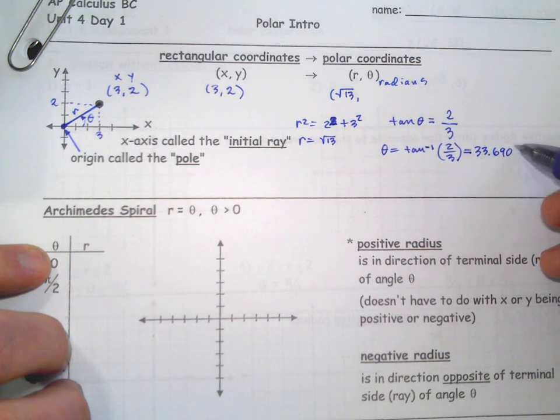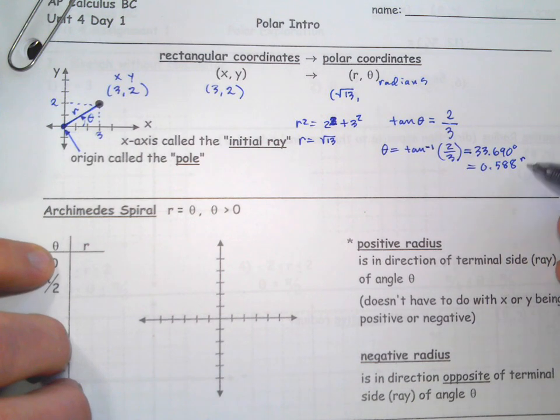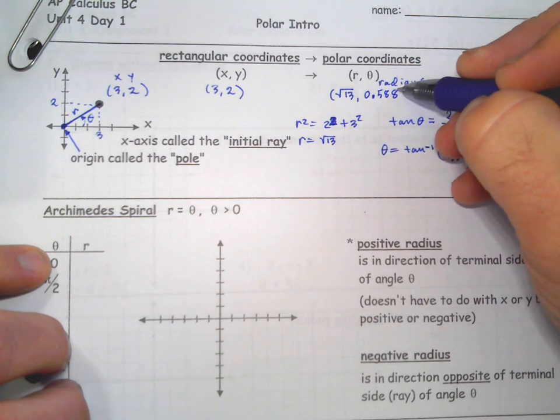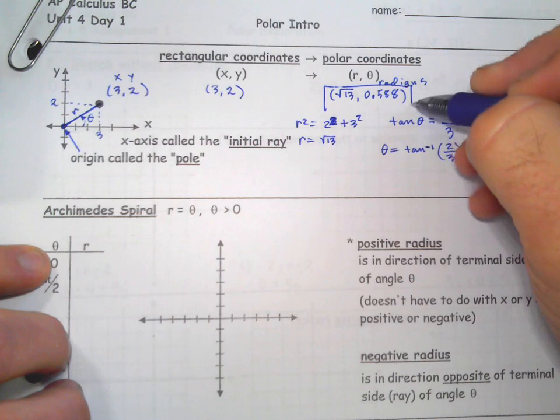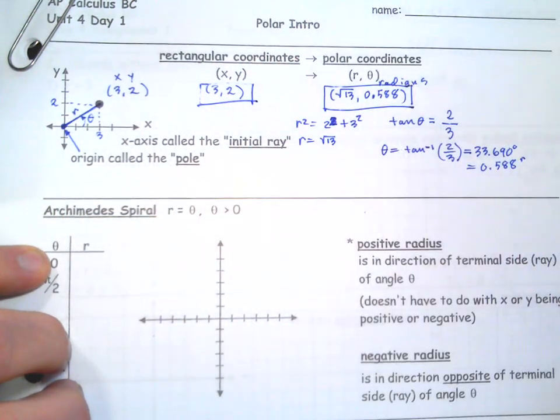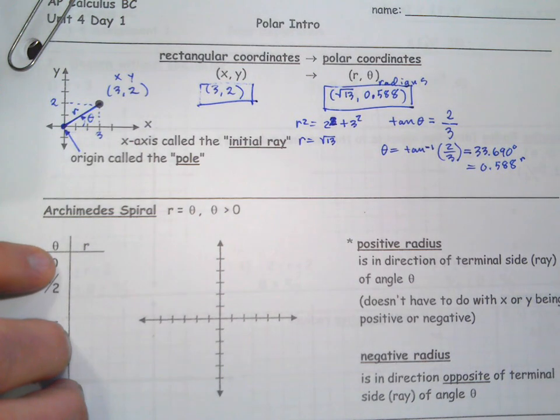The calculator would give you 33.690 degrees or 0.588 radians. Usually we don't put the little r for radians, but you could if you want. So the point is (√13, 0.588). This describes the same location in the plane as the xy coordinate (3, 2). Now, be careful with your calculator.